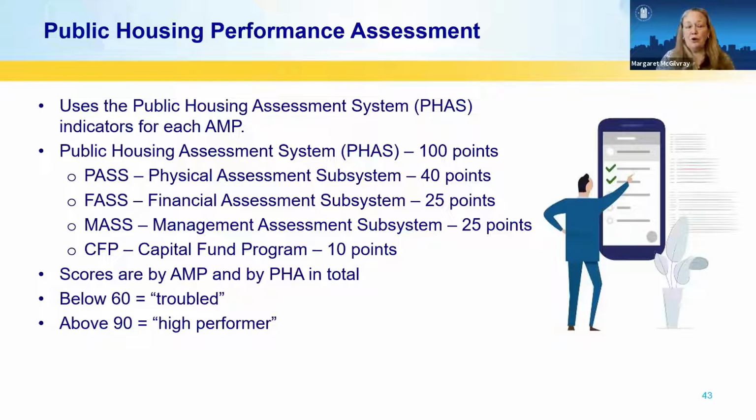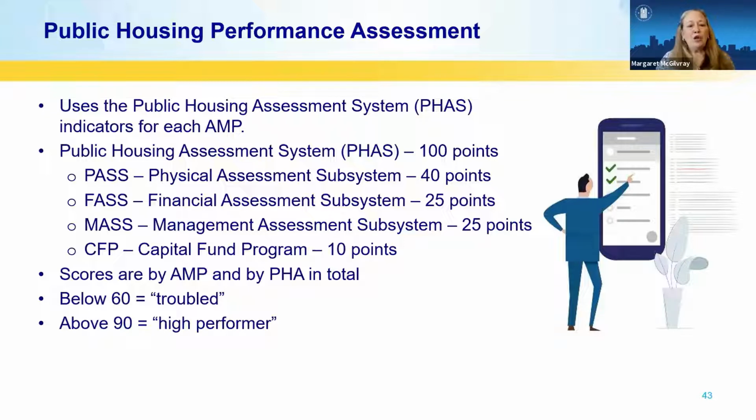Those two are oftentimes very related, but they are not the same. And then finally, there is a subsystem that looks at the capital fund program for 10 points, and that's driven by that obligation and expenditure and basic compliance with the capital fund program that I previously mentioned.